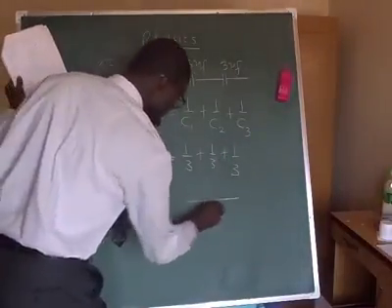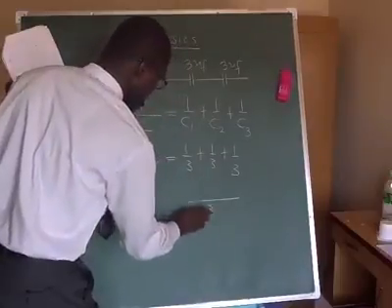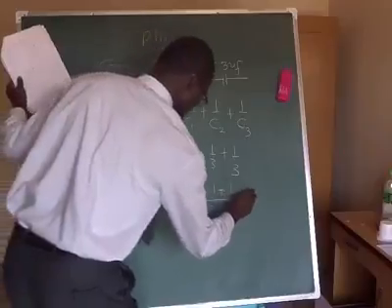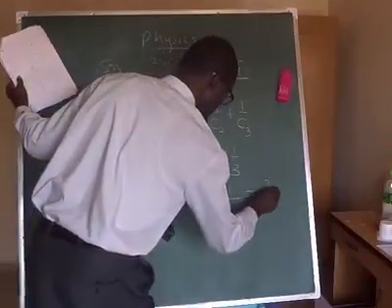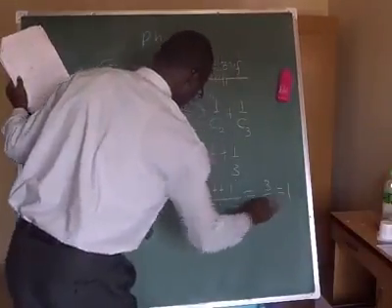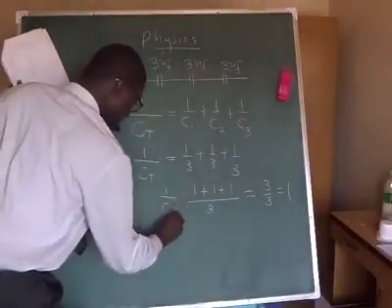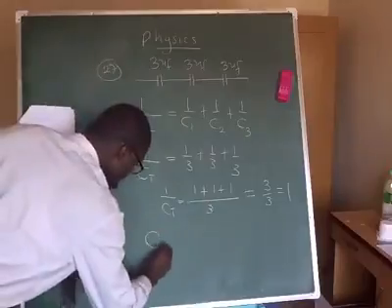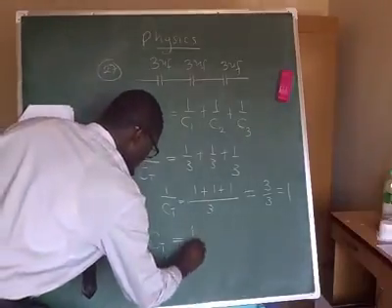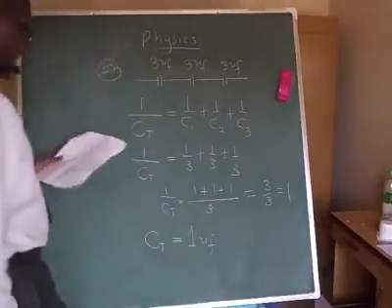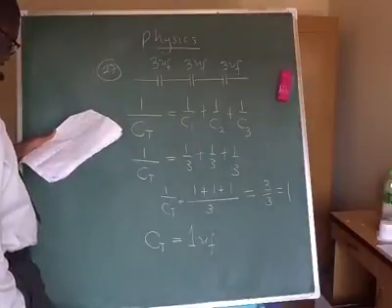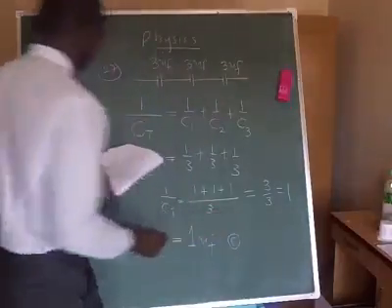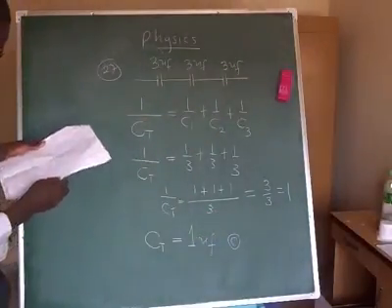My LCM is 3, so I have 1 plus 1 plus 1, which is 3 over 3, which is equal to 1. So 1 over C total is equal to 1. Therefore, C total is also equal to 1 microfarad. We take the inverse, and that is option C. Question 27, the answer is option C.